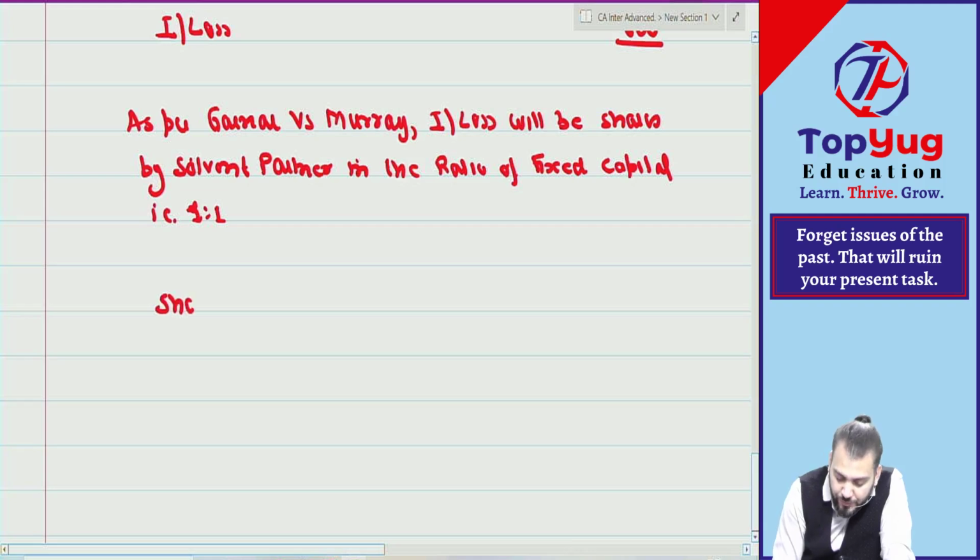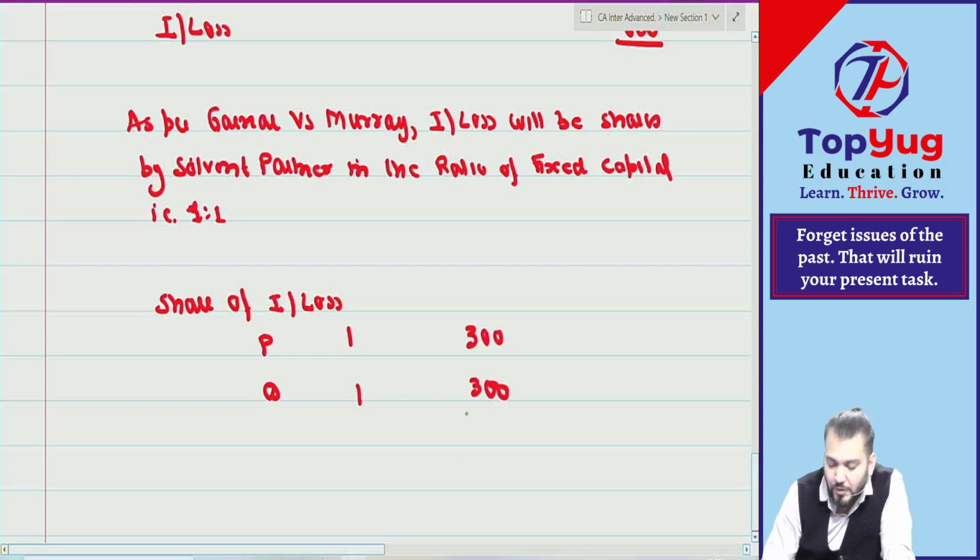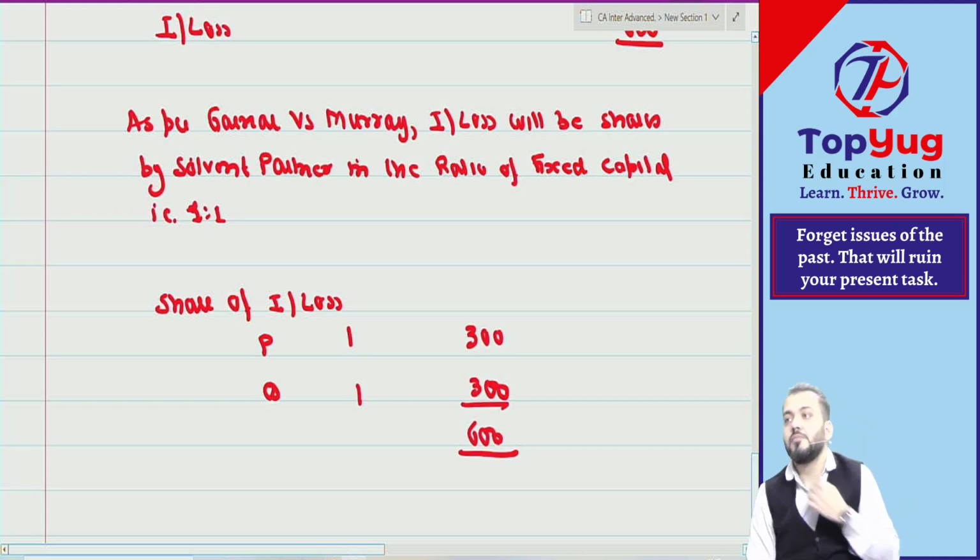Share of insolvency loss: P 300 and Q 300, total is 600. Understood? So what journal entry will we do? P and Q will be debited and R will be credited. Simple. Correct?